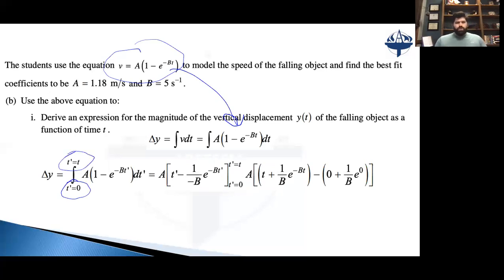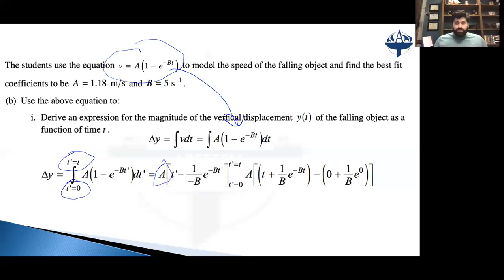You notice here that there's this dummy variable, t prime, in order to allow us to integrate from 0 to time t. So we integrate the 1 minus e to the negative bt. A just comes out front because it is just a coefficient. We do the integration, evaluate at t, evaluate at 0, and we are left with our expression.